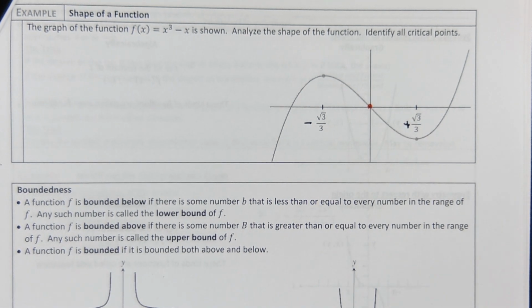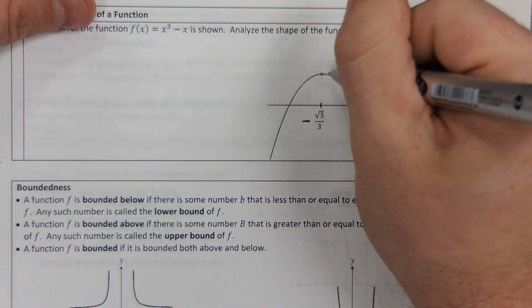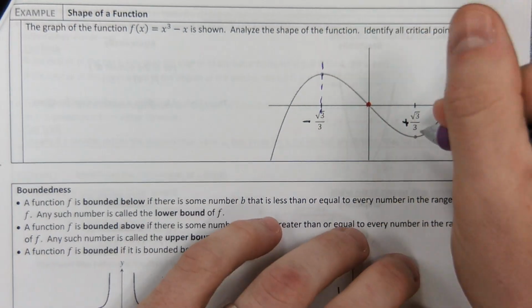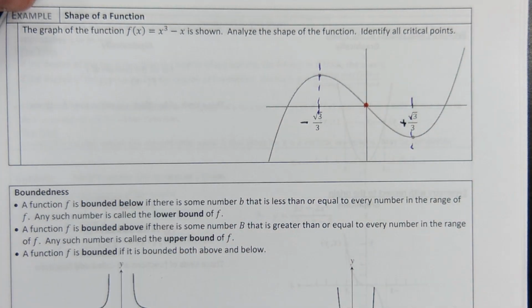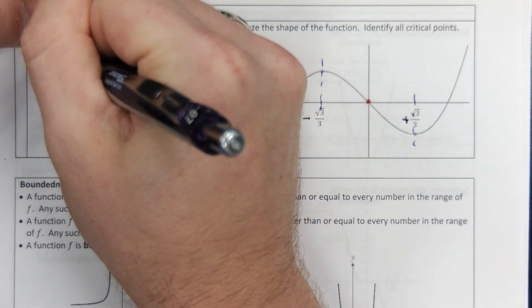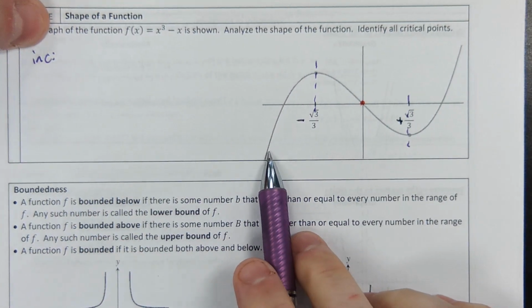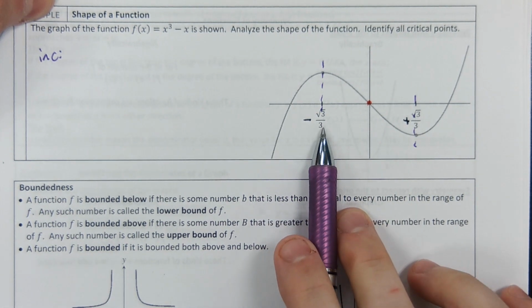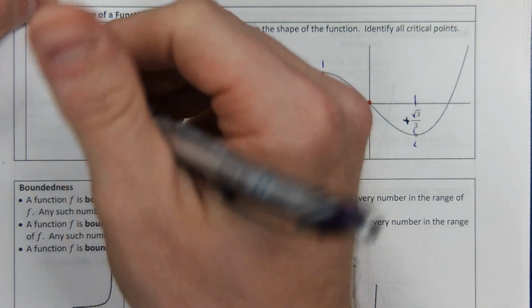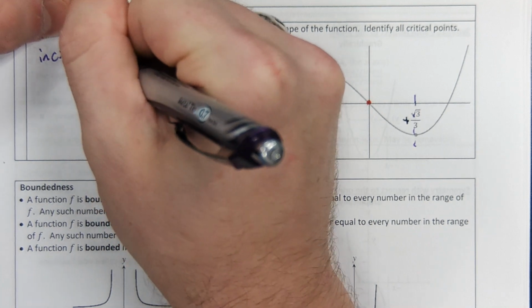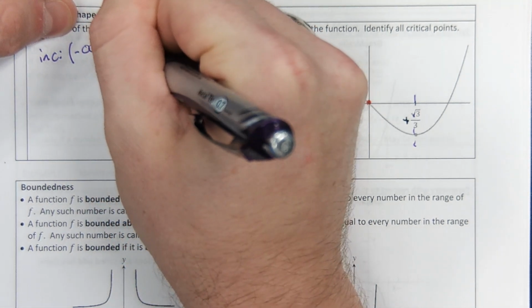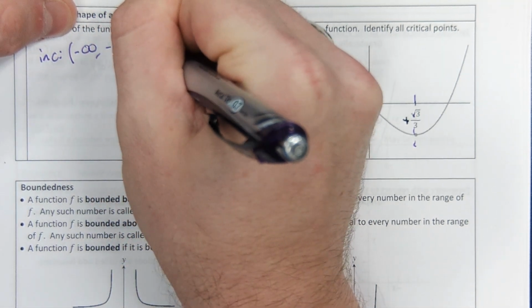So what do I see? I see a graph that is increasing from negative infinity to this x value of negative root 3 over 3. Bracket.